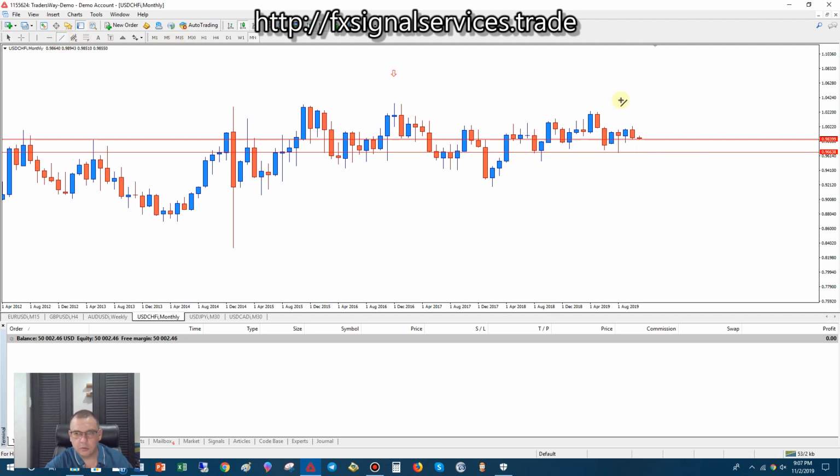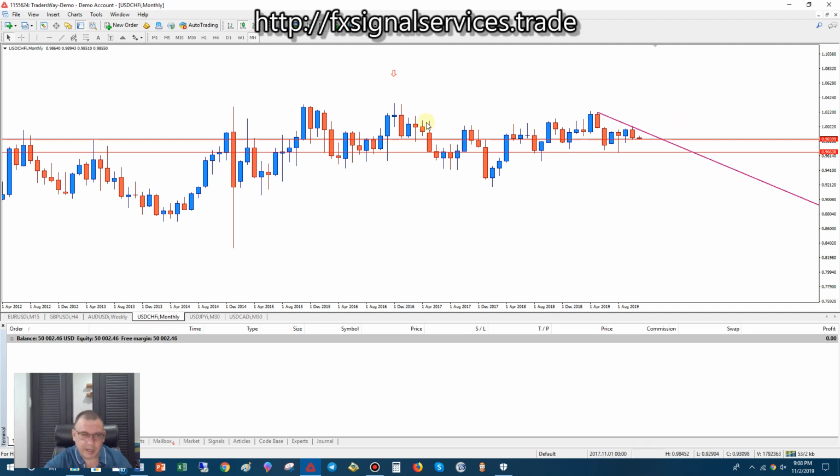I could be wrong, but that's kind of what I'm thinking is going to happen. It looks like this is the resistance coming down and support, okay? And eventually the price is going to drop and hit this support and bounce back up again, and then probably break here and come down. It could break and go up, but this is on a monthly chart, so you might talk about another 3 or 4 months before we really see what's going to happen, okay? And that's going into next year even.